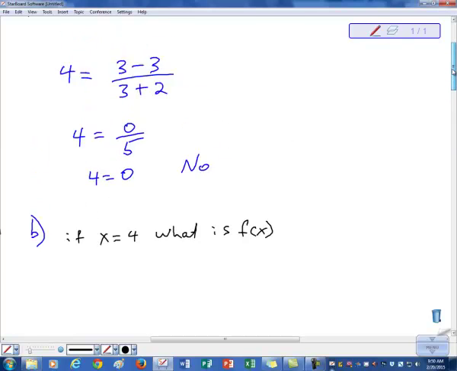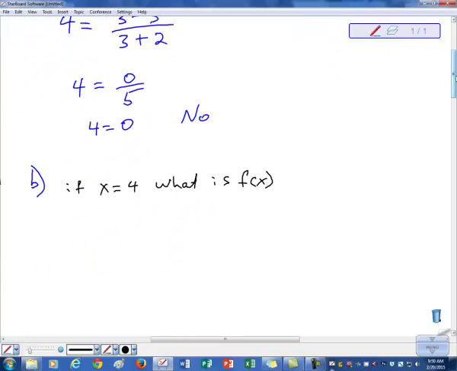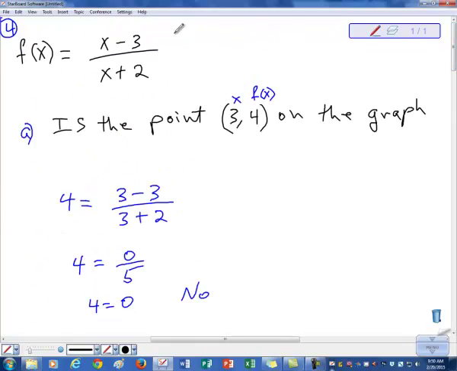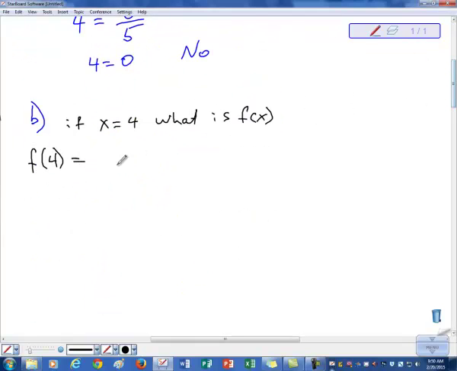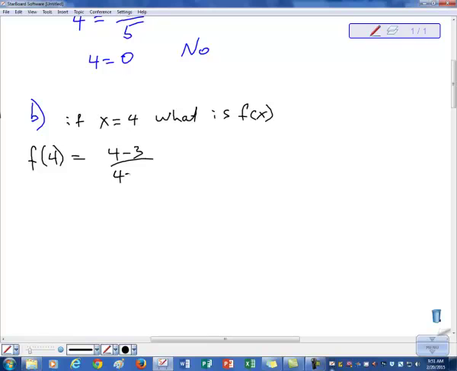Alright, well here what we have to do is substitute in. So we're going to put in f of 4 is equal to, and we're going to put 4 in for x. 4 minus 3 over 4 plus 2. And so we get 4 minus 3 is 1, 4 plus 2 is 6.